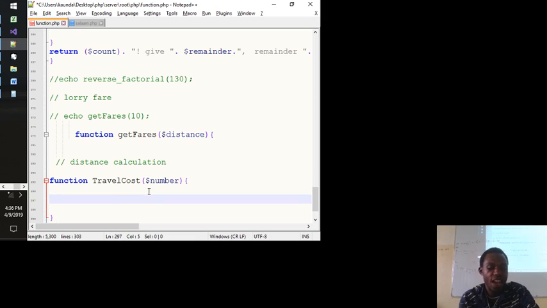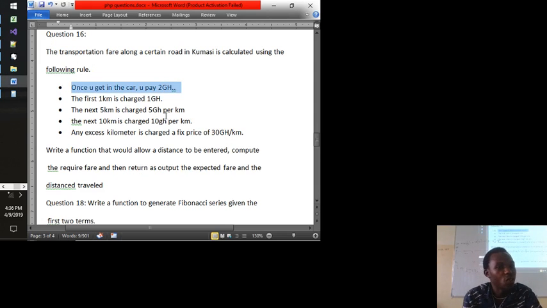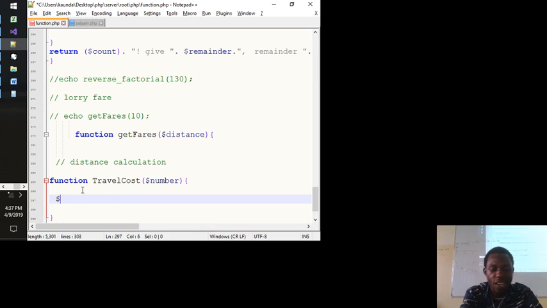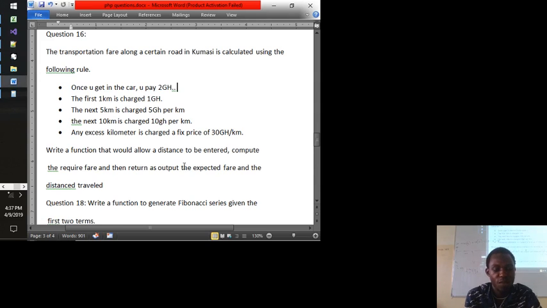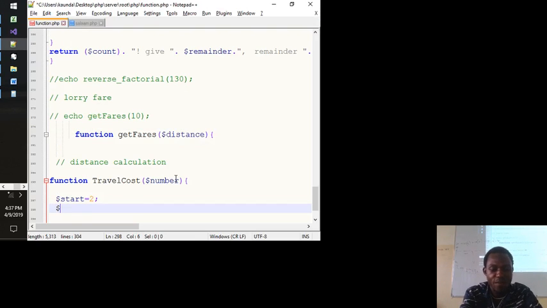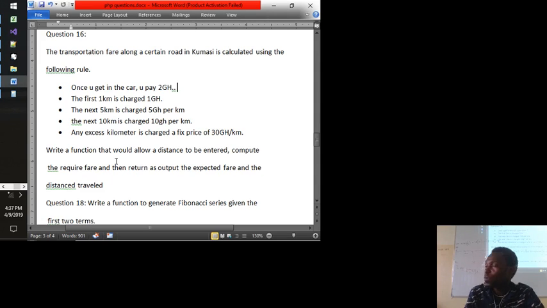Now, I have these conditions to look at. The 2 cities, that one is fixed, so I can say start is equal to 2 cities, right? So for the kilometer cost, I can call it first kilometer. I'm marking the points, and that is why I'll use the if to look at it.